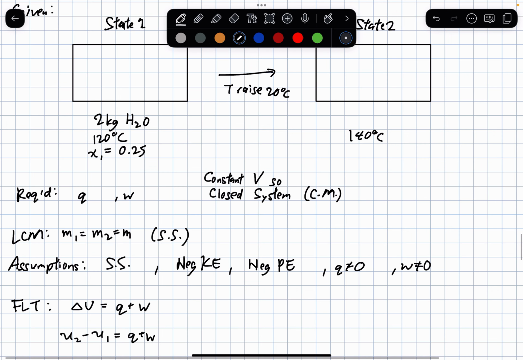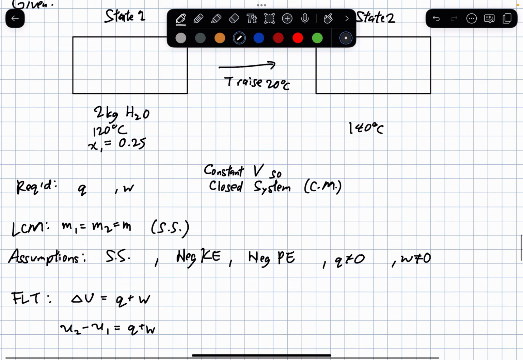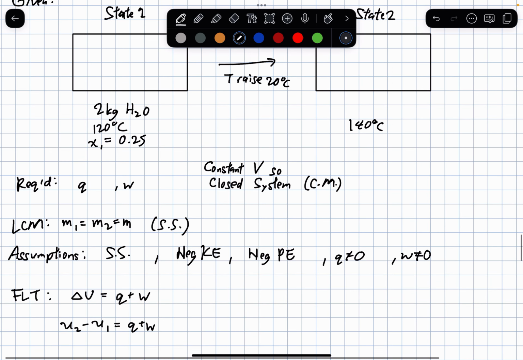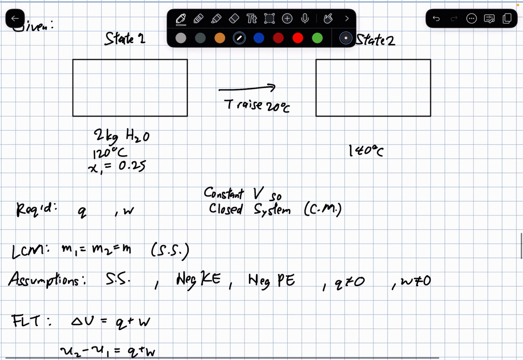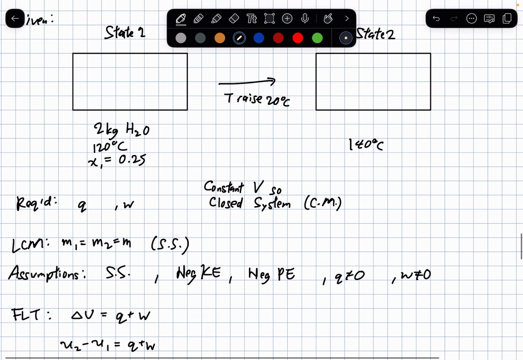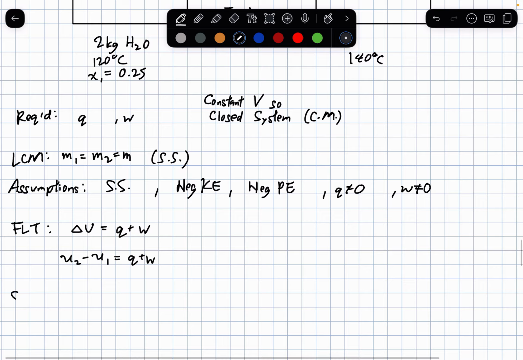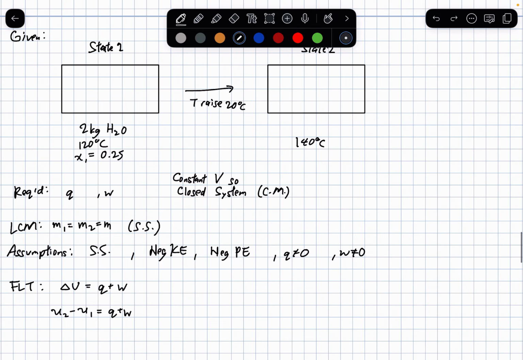I have another question. In this scenario, do we need an entropy balance? Second law of thermo. No, because we don't have any isentropic efficiency information.